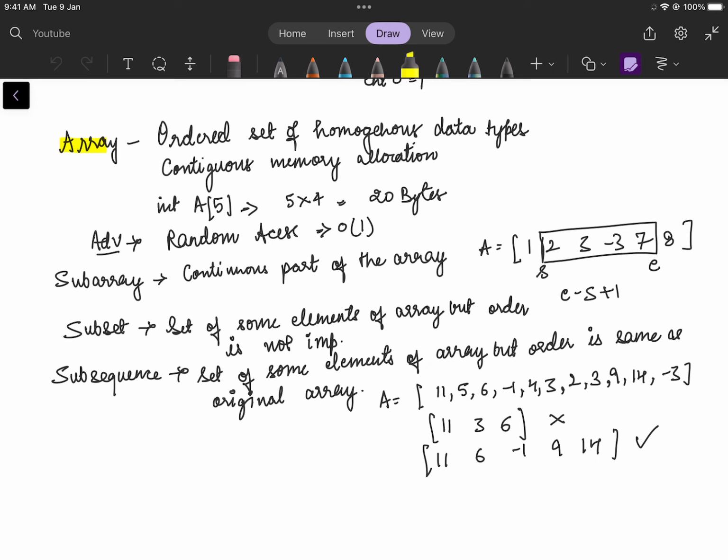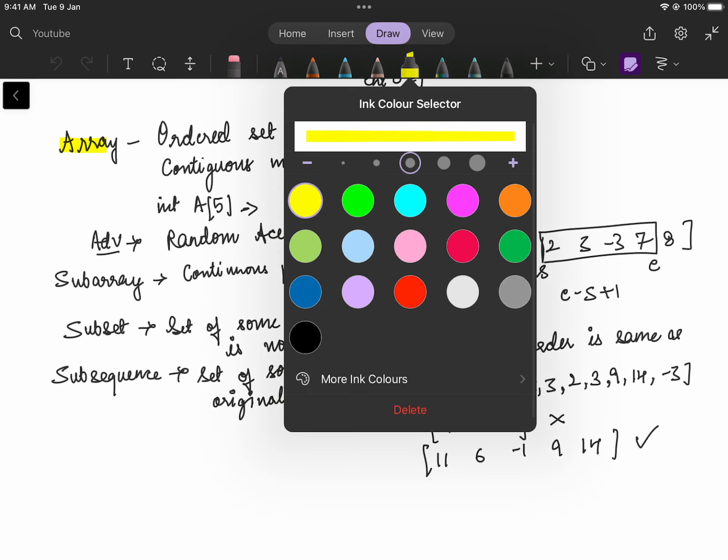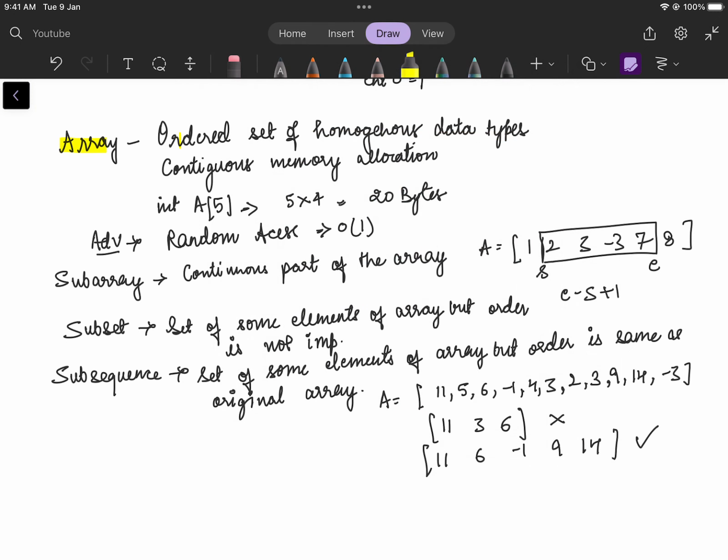Okay, so what is an array? As you know, it's like an ordered set of homogeneous data types. If you are assigning a string, then in the array all the elements will be string only, and it is a continuous memory location.